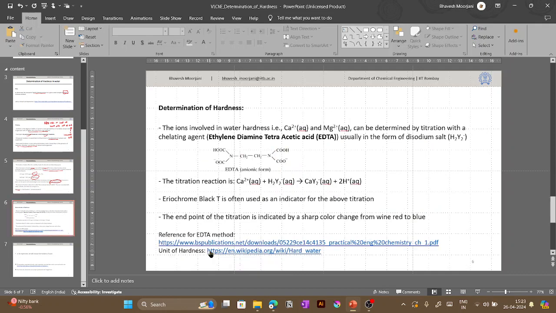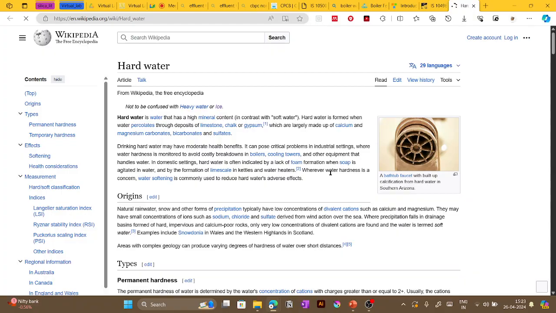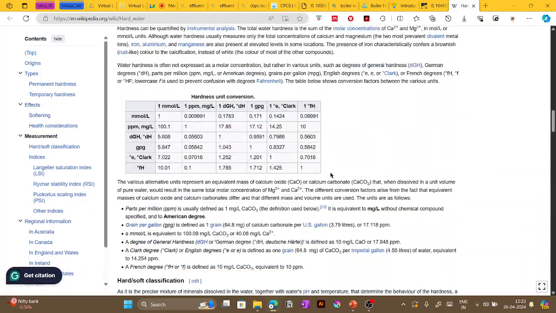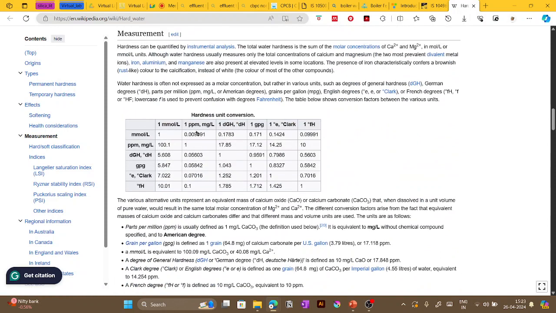For units of hardness, Wikipedia has a good compilation where you can see what the different hardness units are. So basically you will be representing hardness as ppm or milligram per liter, or generally degree Clark or degree Fahrenheit.